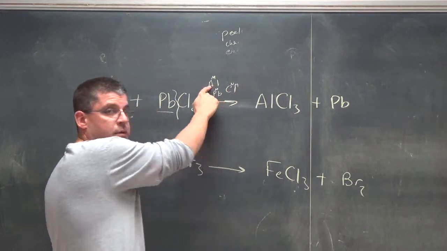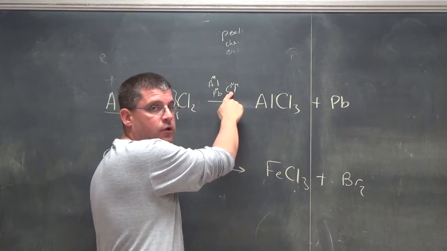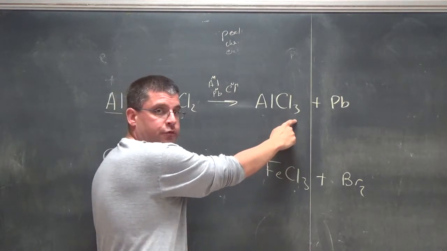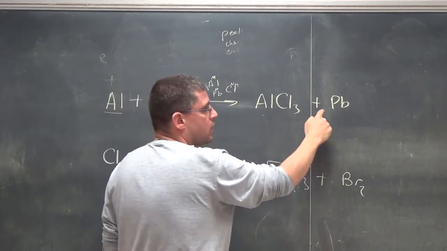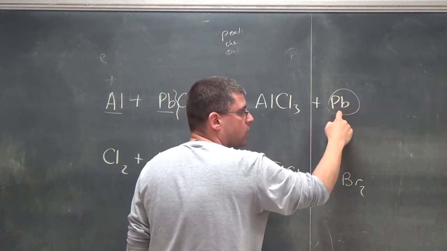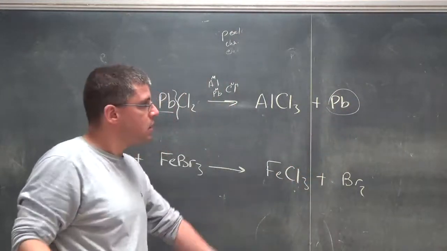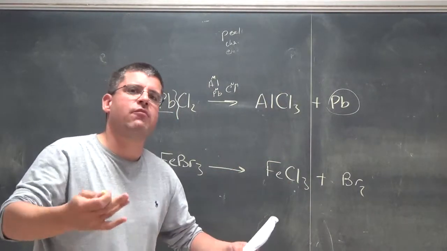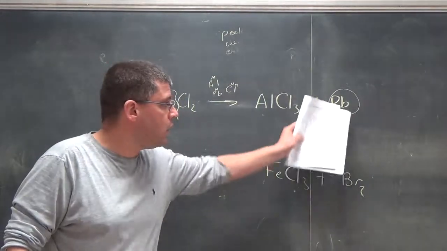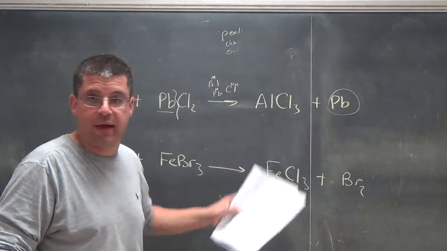Aluminum has a positive 3 oxidation number, chlorine is a halogen, -1. They form AlCl3. You're at the point where you can do that in your head. And you know that over here we have lead, a metal, by itself. Can it be by itself? Sure, it's not that reactive. It can exist alone. Okay, so you see how that makes sense?